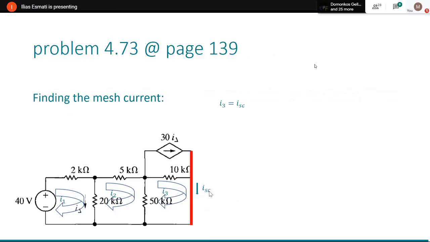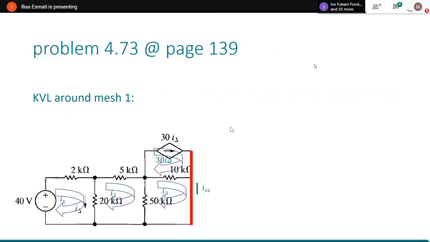For those of you who forgot, the short circuit current is just the current going through the wire when you put a short. So whatever current goes here is exactly the same as I3. The reason I write it is that it can simplify our work in later analysis.